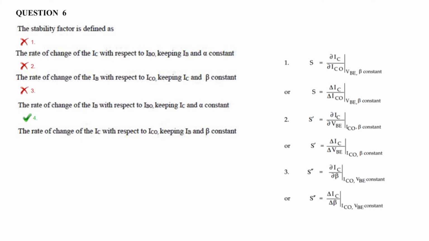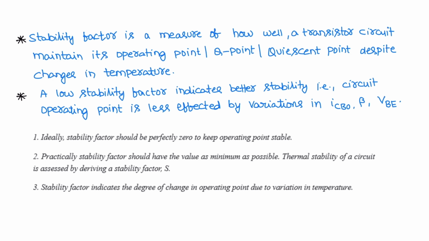Question number 6, it is related to stability factor. We know that stability factor is a measure of how well a transistor circuit maintains its operating point or quiescent point despite changes in temperature. A low stability factor indicates better stability, that is, circuit operating point is less affected by variations in ICBO, collector base leakage current, as well as beta and VBE.